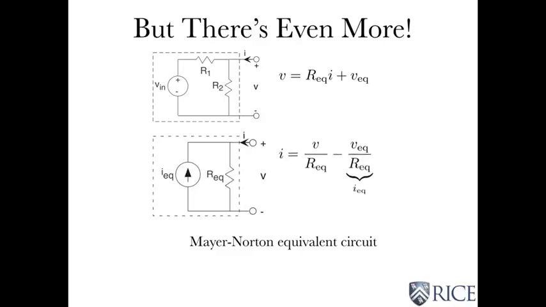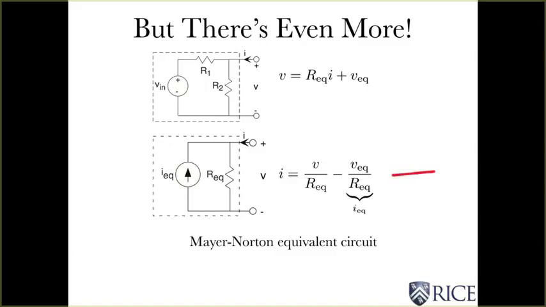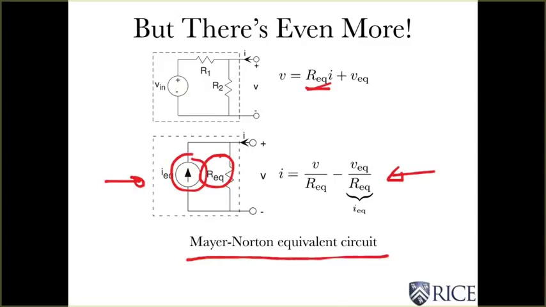And I want to point out that set of that equation describes the behavior of this circuit, where there is a current source in parallel with REQ. It's the same REQ that we had when we talked about the Thevenin equivalent. There's no difference. This is called the Meyer-Norton equivalent circuit.